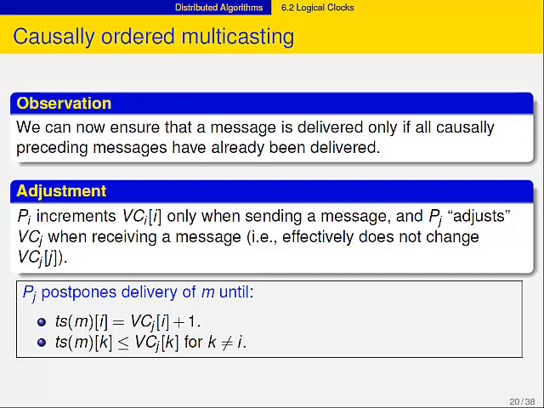You can just sharpen this a bit, saying, I have seen all the messages that the sender had seen when it sent this message. I have exactly the same information that the sender had when it sent this message. Good. That means that I can now send off this message to my application. All the knowledge is now there. Any potential causality, I have already seen that as well.